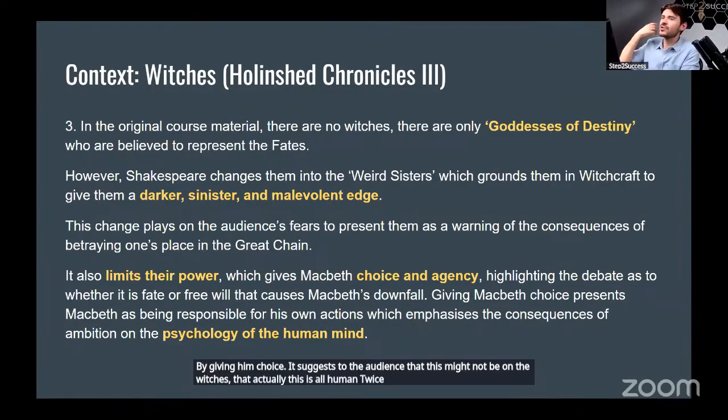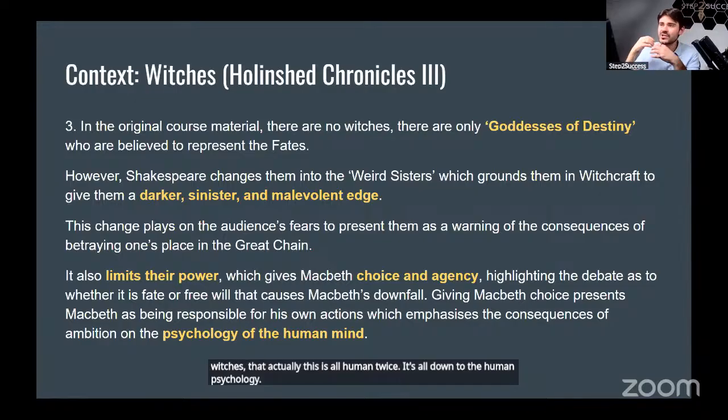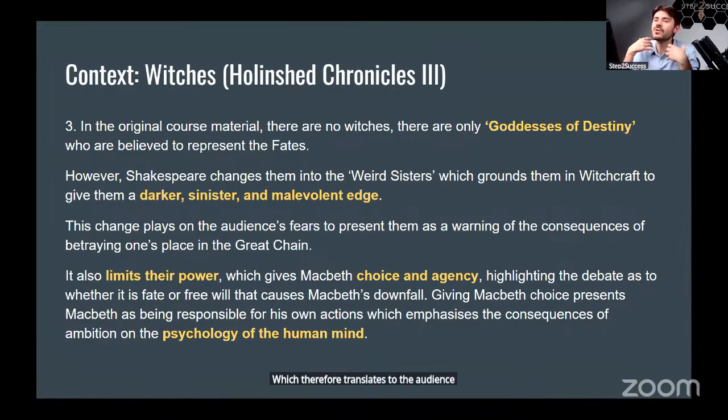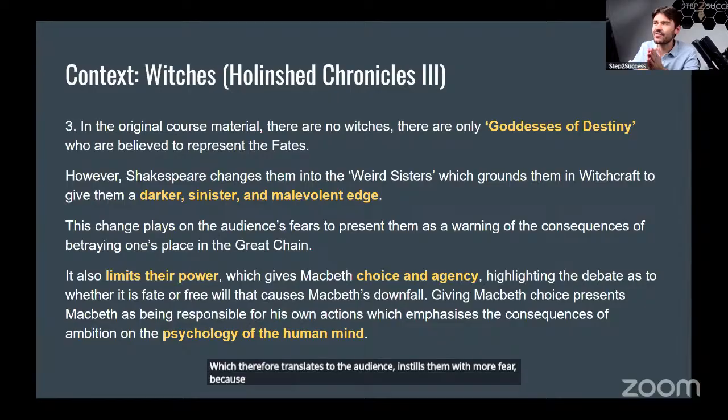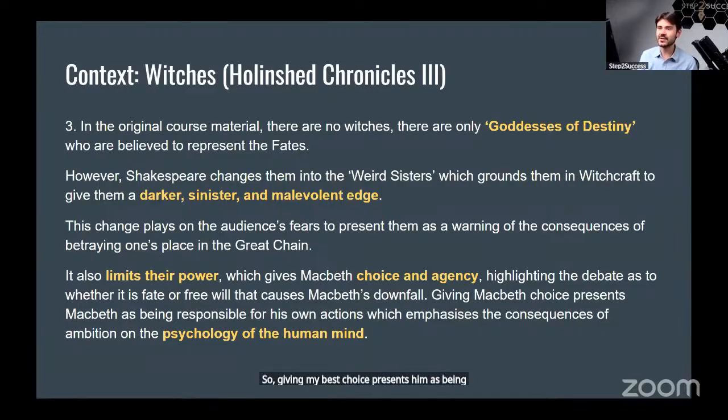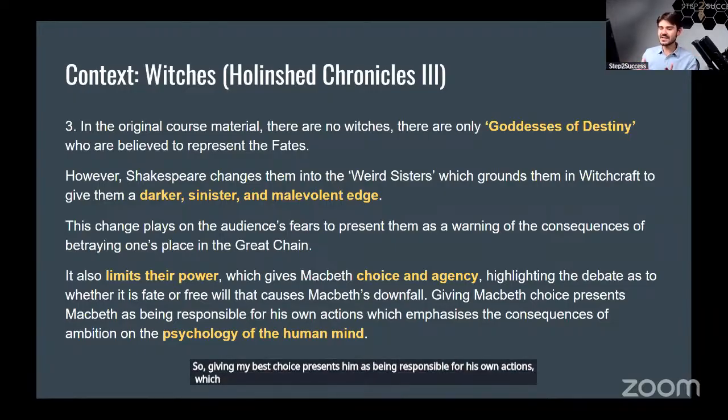It's all down to the human psychology, which translates to the audience and instills them with more fear because they're scared then of making those same negative choices. So giving Macbeth choice presents him as being responsible for his own actions, which therefore emphasizes the consequence of ambition on the human mind.